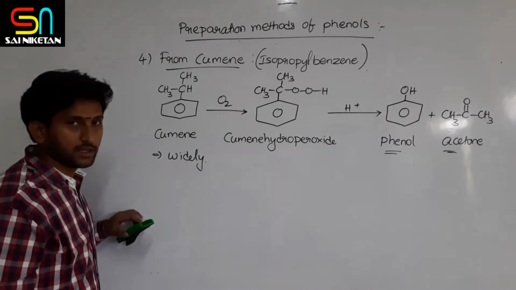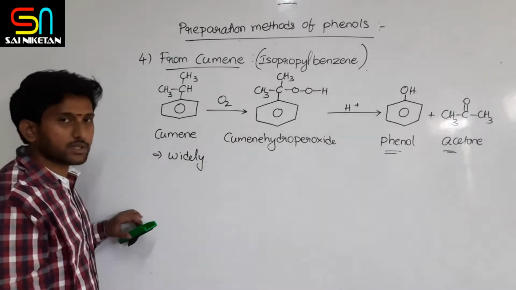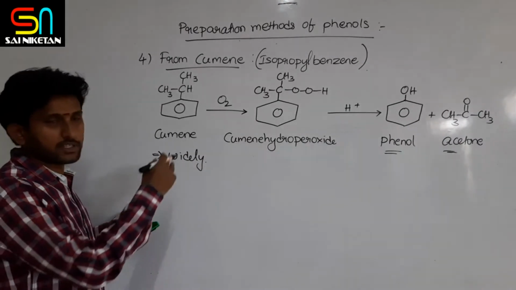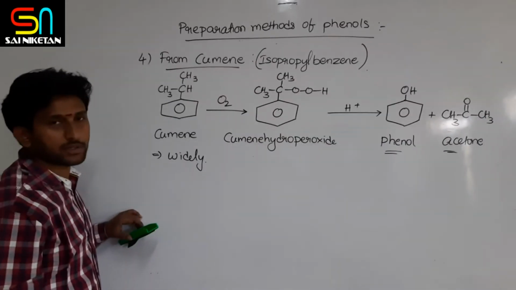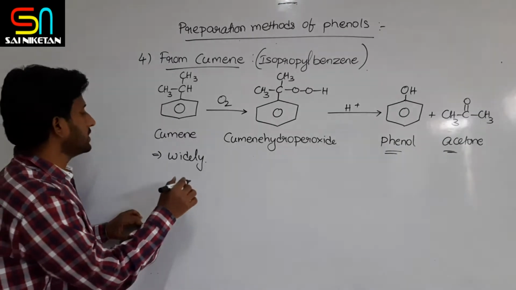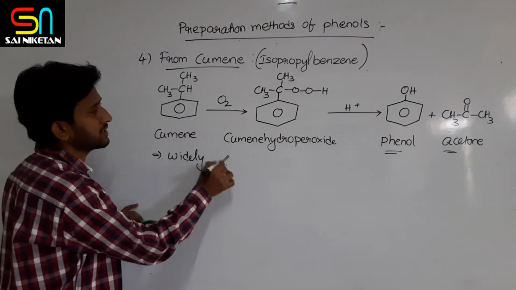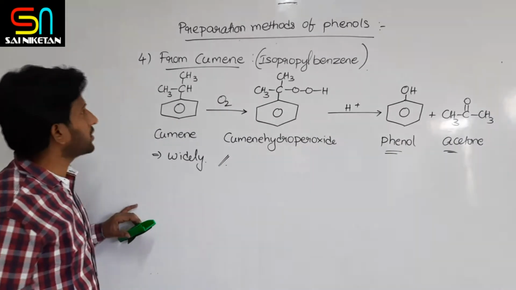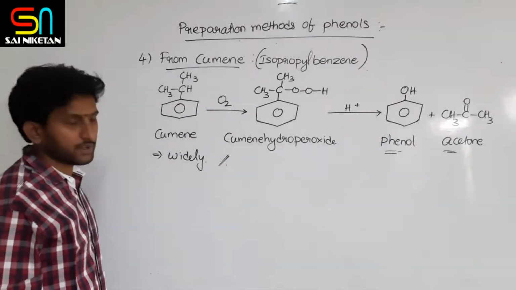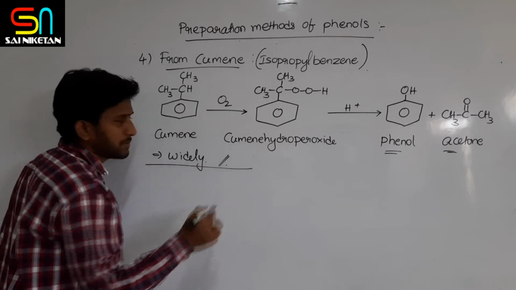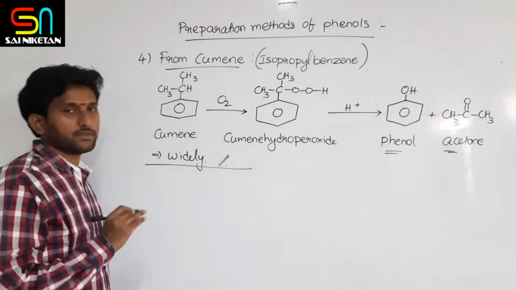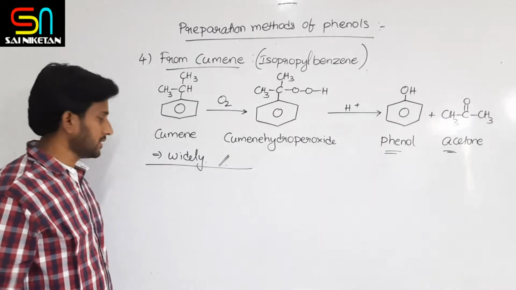So worldwide this method is used for preparation of phenol, because along with phenol you are going to get another important industrial compound, that is acetone. So this method is also an important method for preparation of phenol. Okay. So with this we have completed preparation methods for phenols and alcohols.